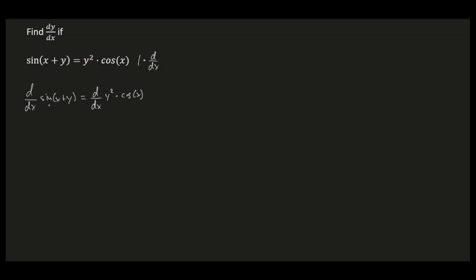In the next step, we can see here sine of something. So when we get something like this, where we have a function inside a function, then we have to use the chain rule. And when we differentiate a trig function, we can recap that we differentiate like this.